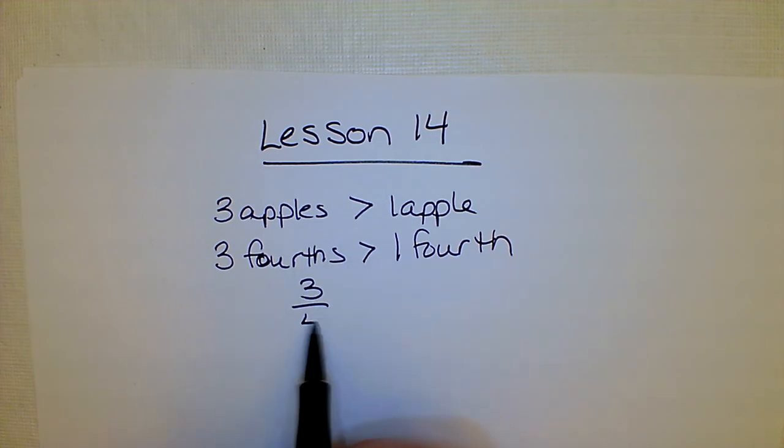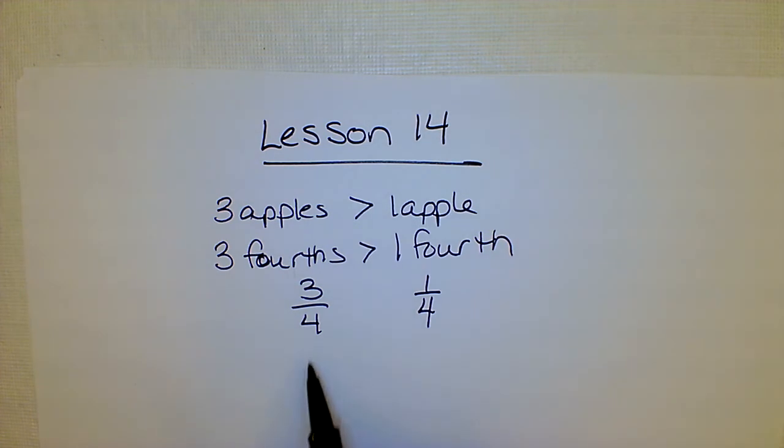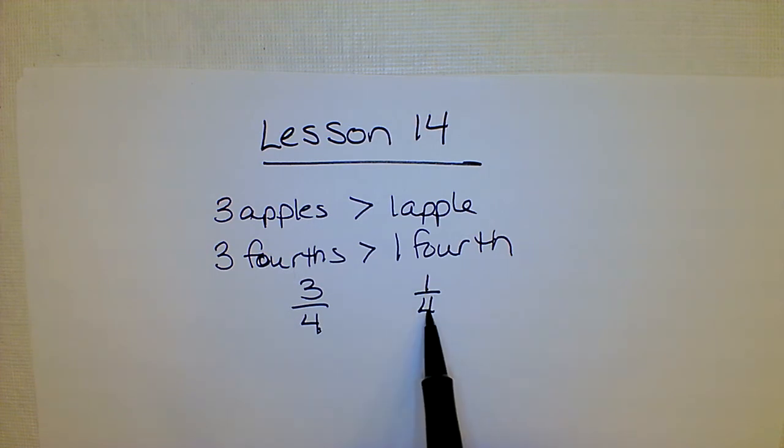And then you could also write this mathematically. And that's what I've been saying to you recently, is that this is a label. It's a label that describes the size of each piece, of each part, of each fractional unit, would be another way to say it. So if I'm looking at this, I can see that these are each fourths. So I could say 3 of these pieces would be larger than 1 of those pieces.